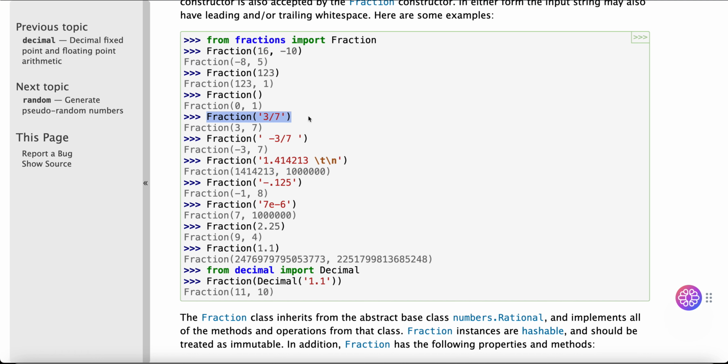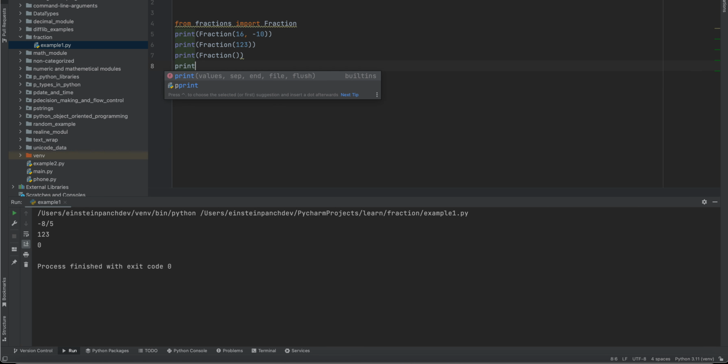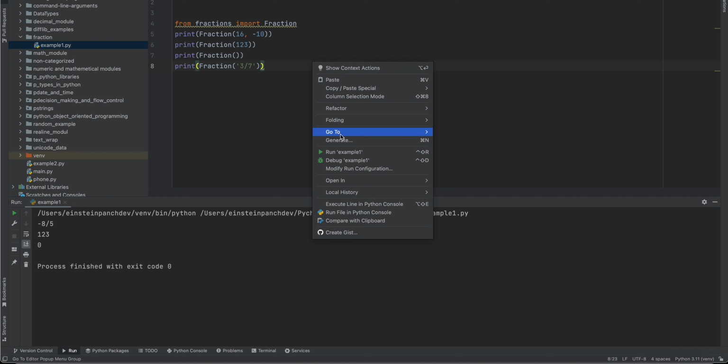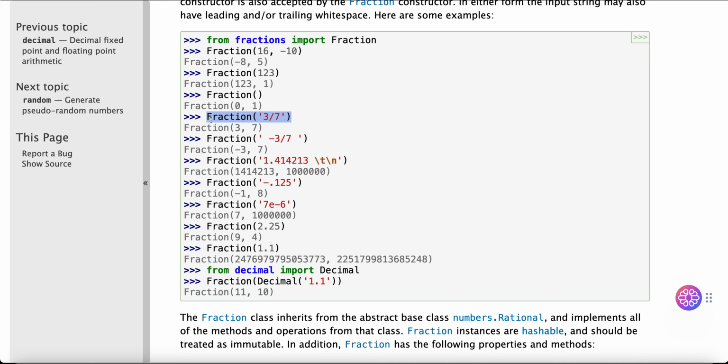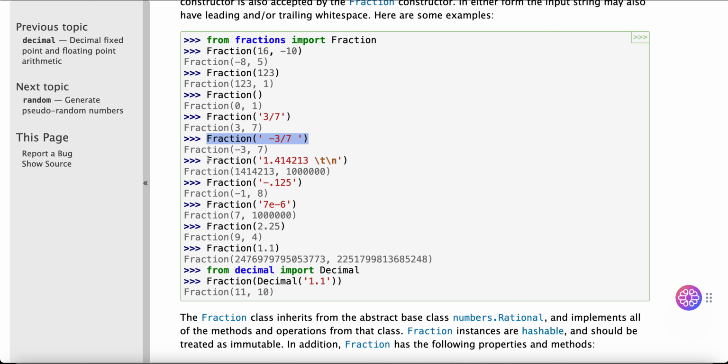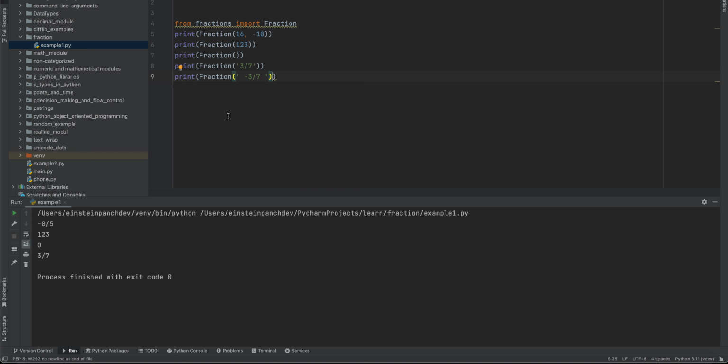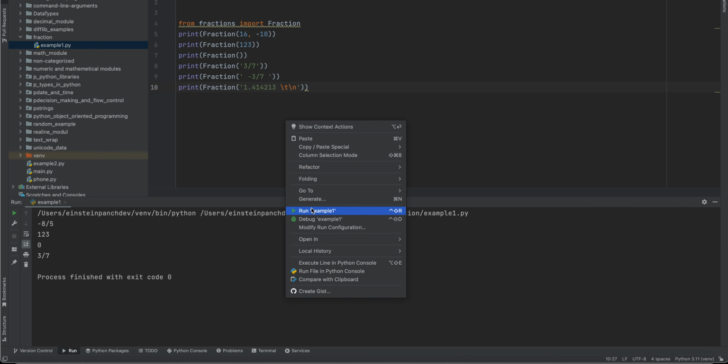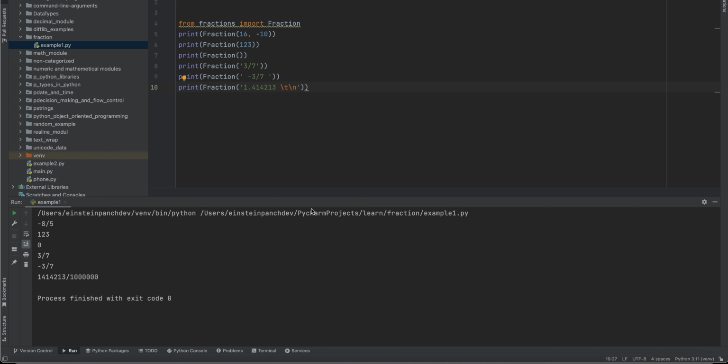Fraction 3 by 7. Print Fraction 3 by 7. Fraction minus 3 by 7. Print minus 3 by 7. Fraction 1.4 with a tab. Print, 1.4 with tab and newline.